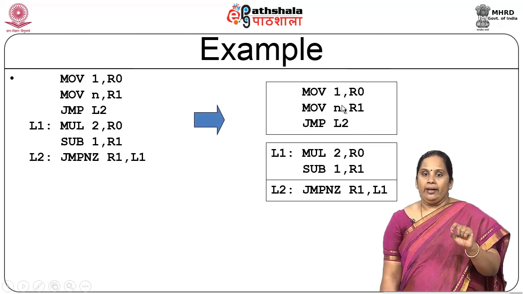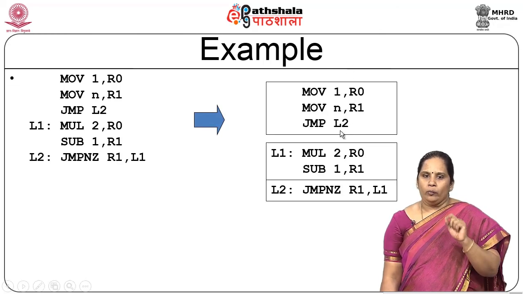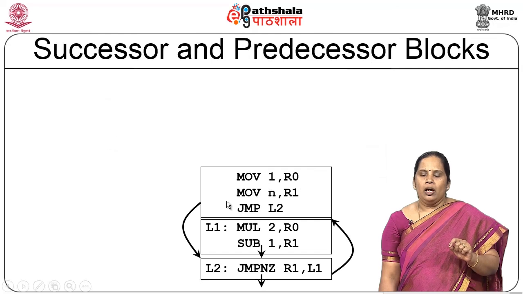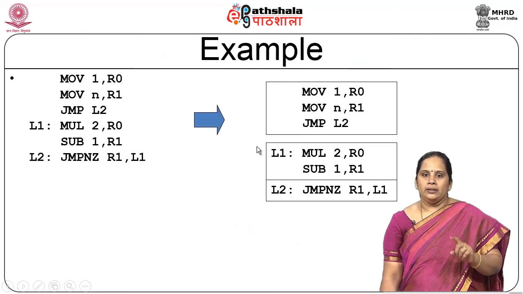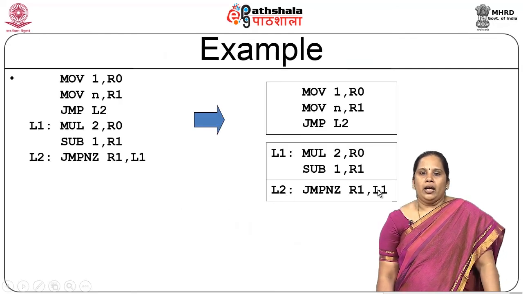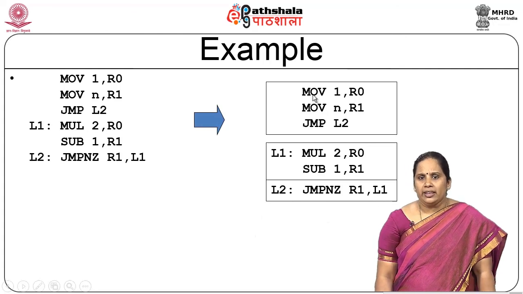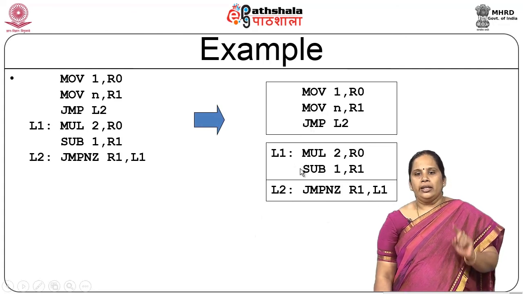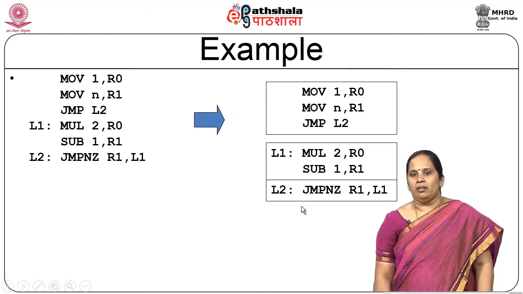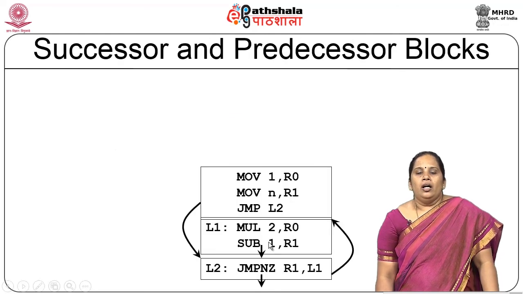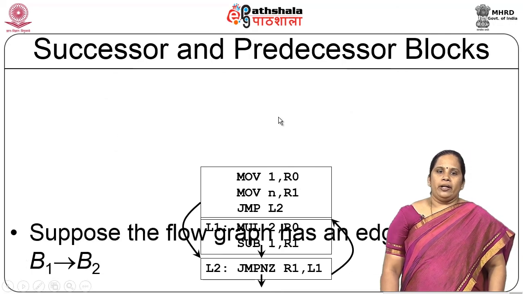It should have one entry and one exit, where it jumps to L2, and again it is going to go back to L1 here. So, this will again have one entry and one exit point. This is what we are trying to look at as an example. So, these three instructions will form one block, these two another block, and here that is going to be the next block.